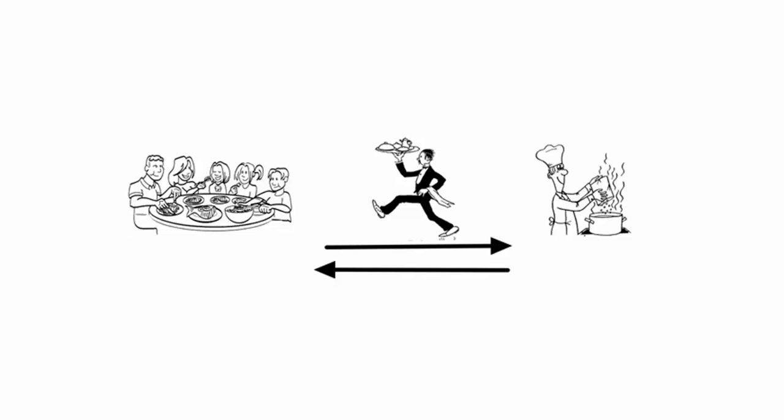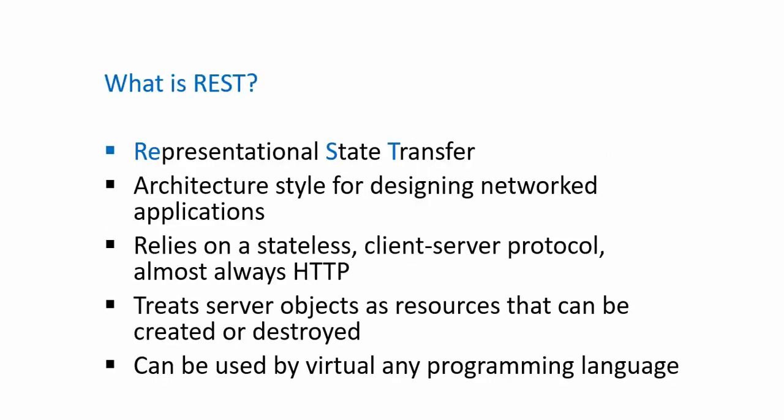So now let's talk about REST. Basically it is representational state transfer, and it is an architecture style for designing network applications. It relies on a stateless client-server protocol, which is HTTP, and you're quite familiar with HTTP, right?